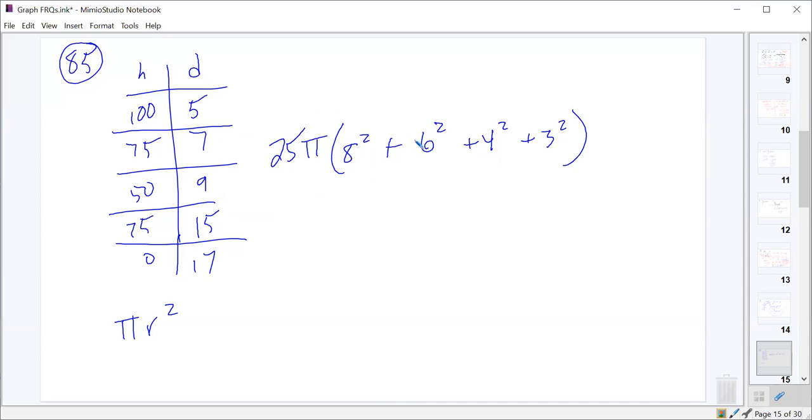So what do we got? We got 64 and 36. That's 100, 116, 125. 125 times 25 pi. So what does that come out to be?